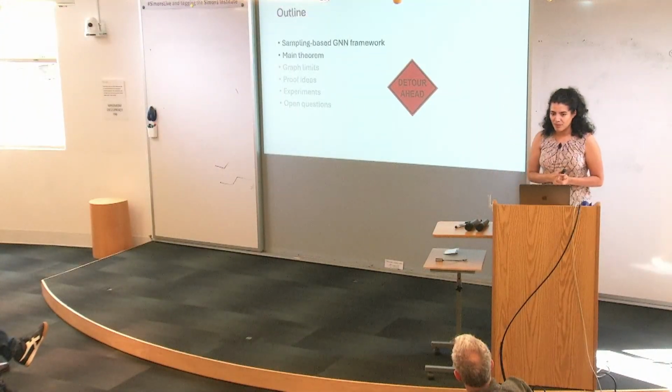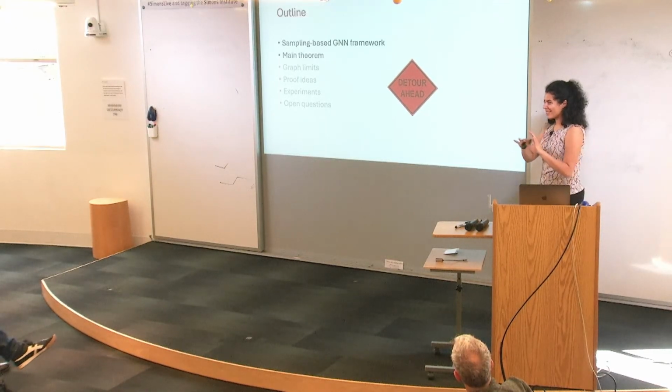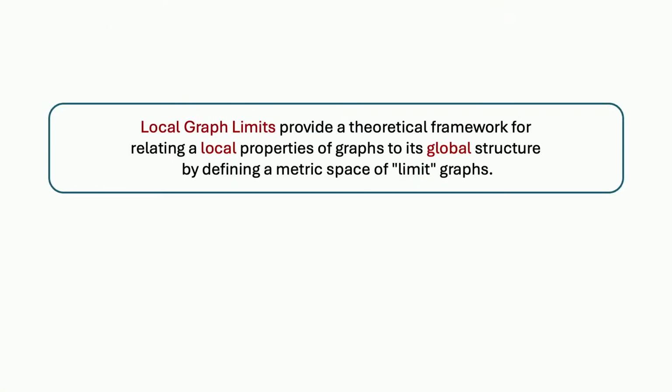Okay. Now I'm going to have a detour of telling you what local means, and for that I need to define local graph limits, which is a theory that has been developed well in probability theory. So local graph limits provide a theoretical framework to relate local graph structures to global properties of it by defining a metric space on objects that we call limit graphs.